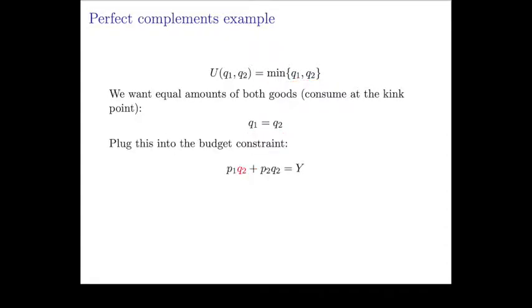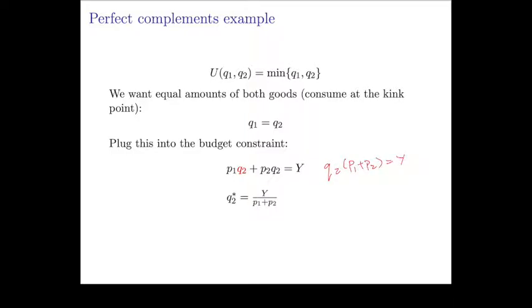So if we just plug that into the budget constraint, remember, the budget constraint is P1 Q1 plus P2 Q2 equals Y. Well, if Q1 equals Q2, then P1 Q1 becomes P1 Q2. So now you can just factor out the Q2, and so you get Q2 times P1 plus P2 equals Y.